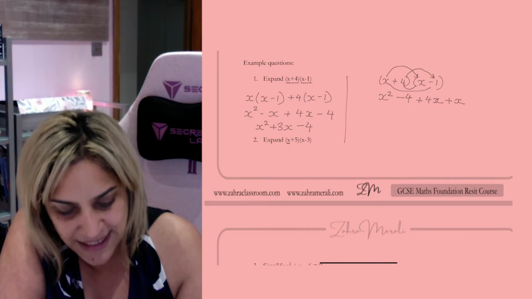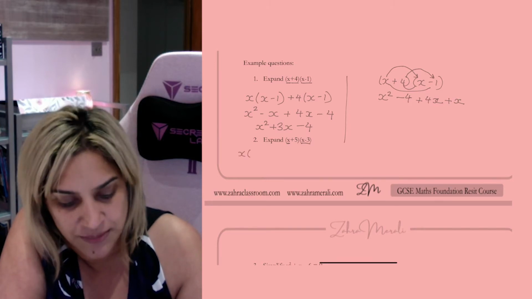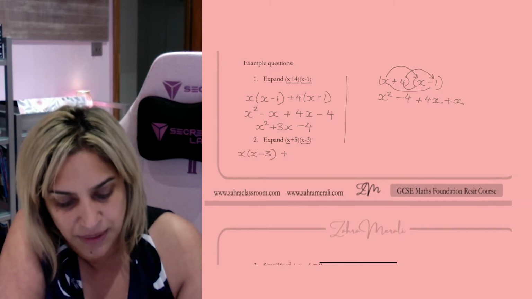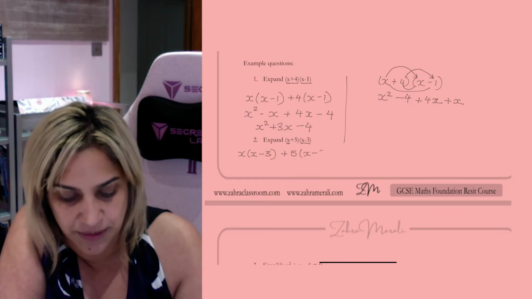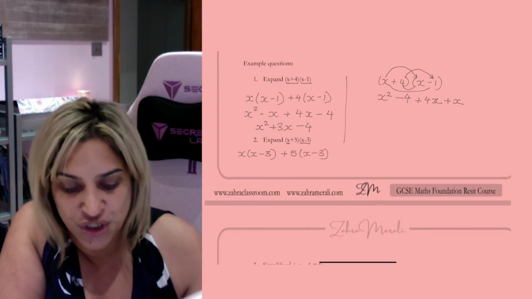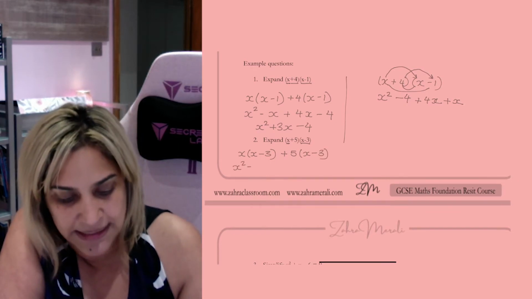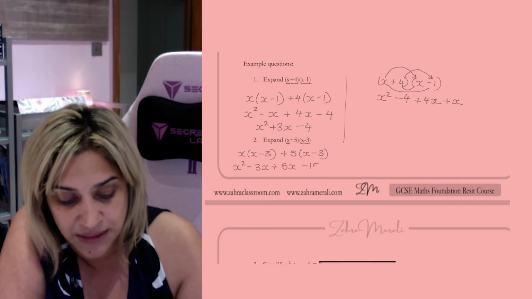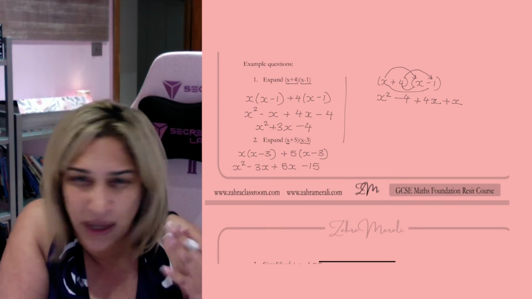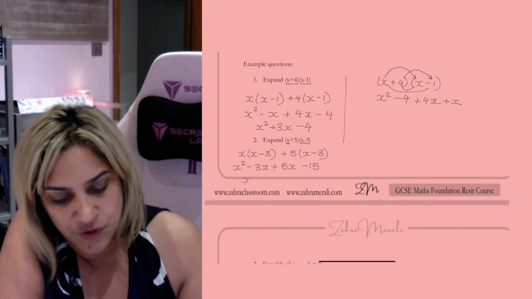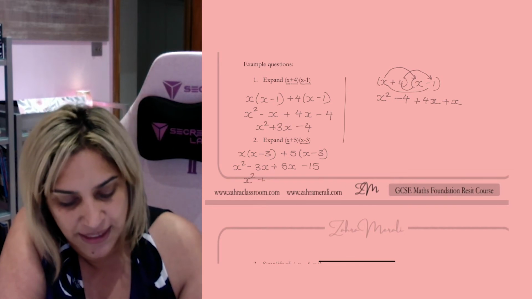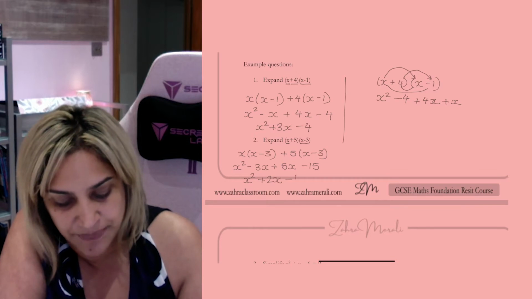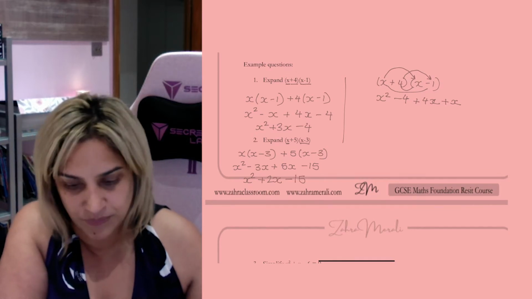So we've got x multiplied by the whole of x minus 3, plus 5 multiplied by the whole of x minus 3, to give us x squared minus 3x plus 5x minus 15. Let's combine the x's. We've got 5x minus 3x, which is plus 2x minus 15.